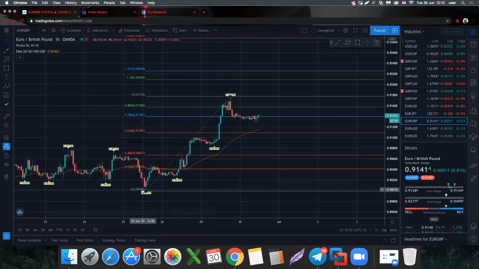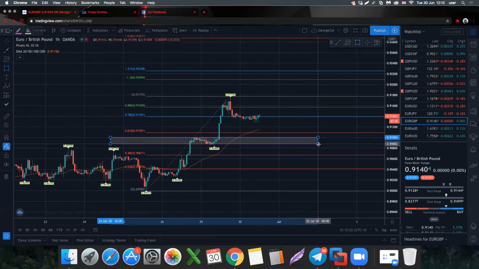Okay, so it's a perfectly good way. 1, 2, 3, 4, 5, and it will keep up until somewhere here. So if I get in here, my stop loss is here at the 50% level. You don't see that because it's black, it's here. The 50% is exactly in the previous retracement.